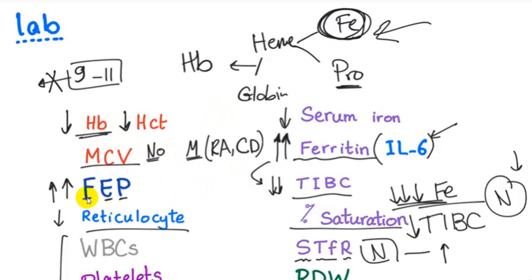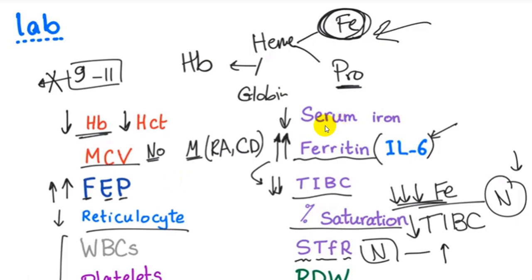Free protoporphyrin will be increased because protoporphyrin does not have iron available. It cannot utilize iron, and that will give rise to an elevated free protoporphyrin level. Reticulocyte count is reduced. WBC and platelet counts are normal.